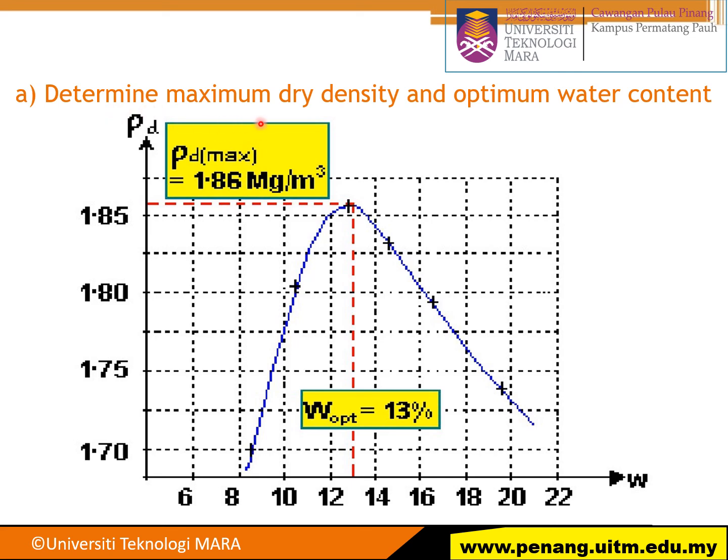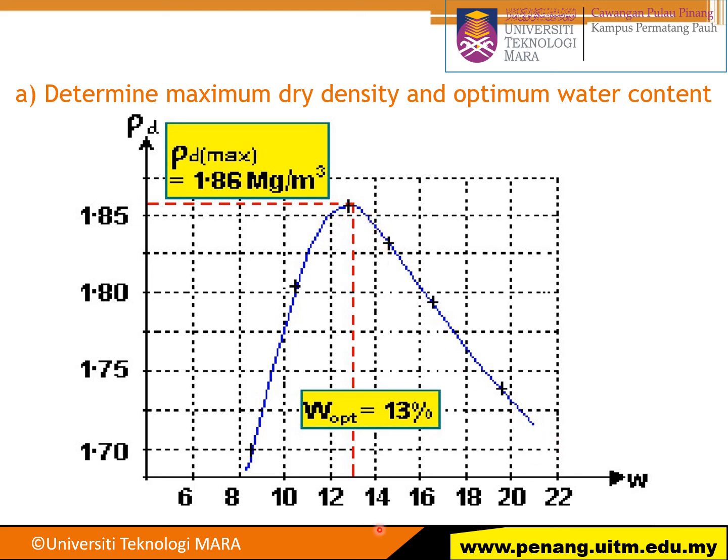Now determine the maximum dry density and optimum water content. First, you have to plot the density versus moisture content. From the previous slide, you will get the first point, second, third, fourth, fifth, and number 6. We have 6 points, and then we have to draw the curve.